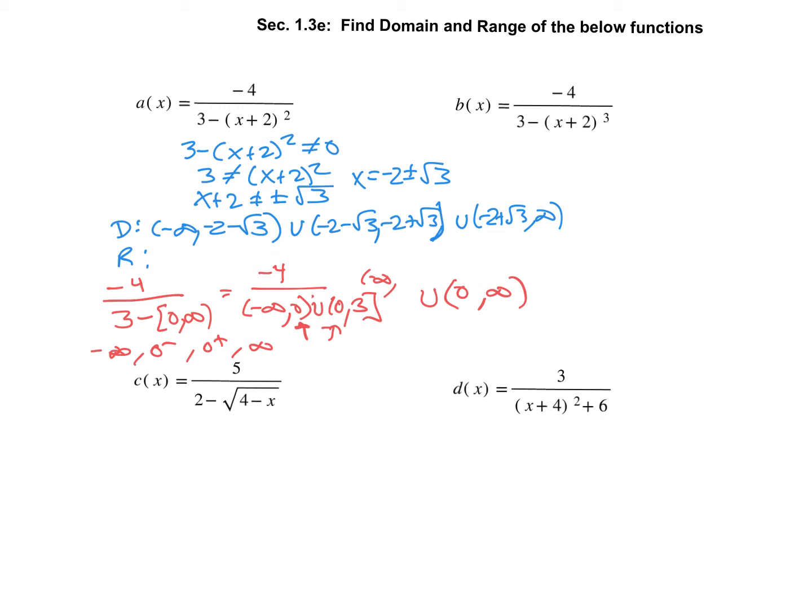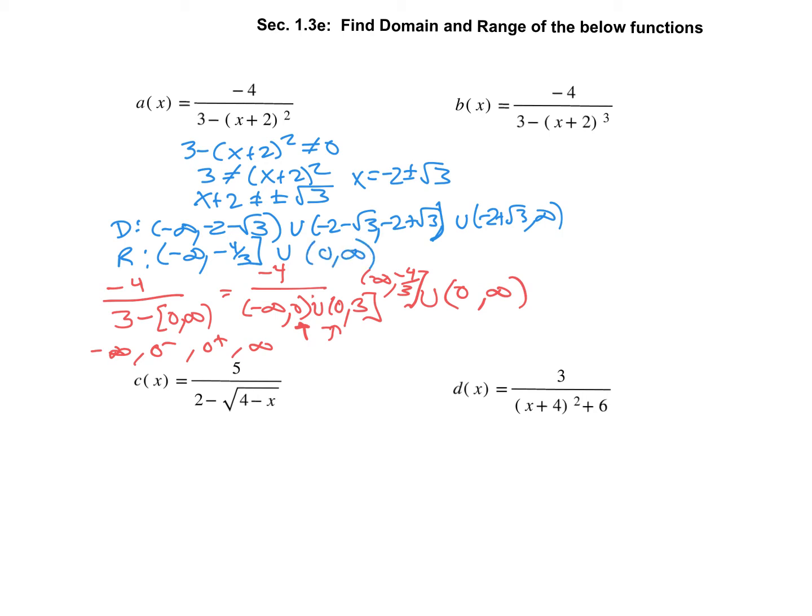The only way I go towards 0 from the negative side would be negative 4 over infinity, because that would bring it really close to 0. But I don't have that. I only have the biggest it goes in the denominator is 3, so negative 4/3. So that's where my limitation comes in. So the range of this function then, excuse me, is negative infinity to negative 4/3 union 0 to infinity.